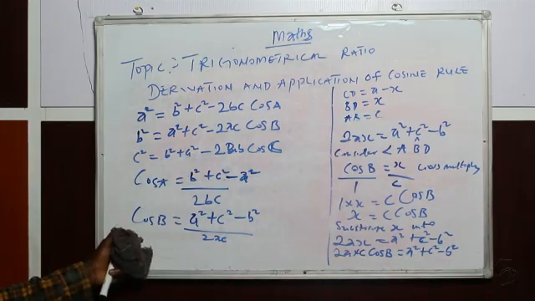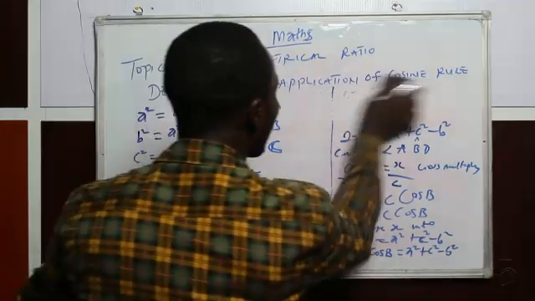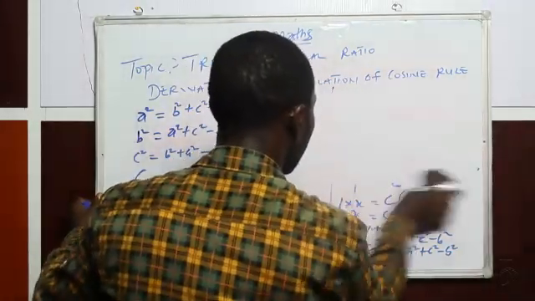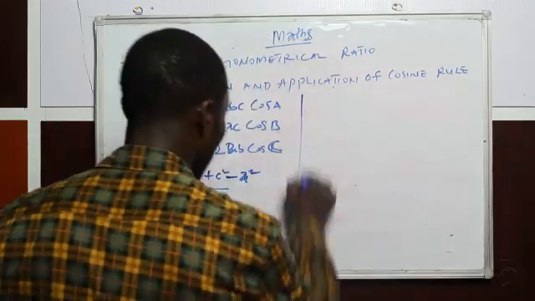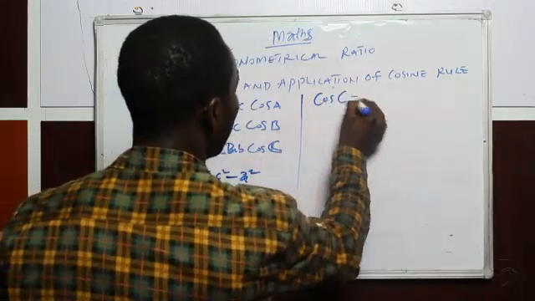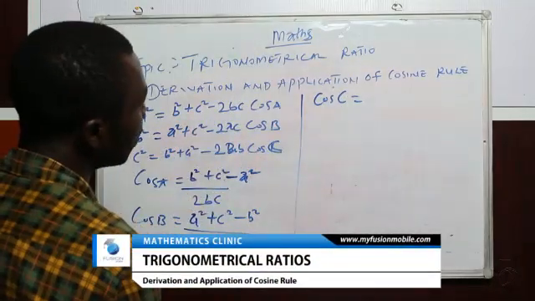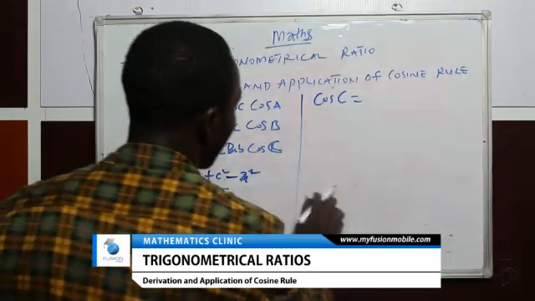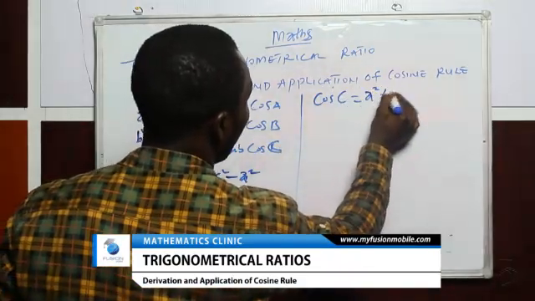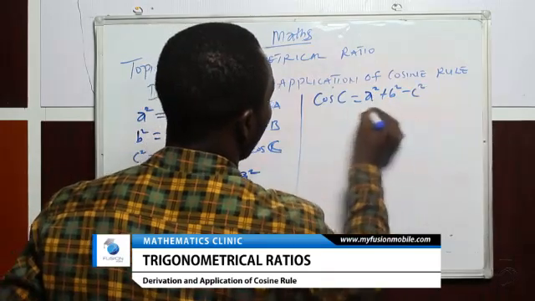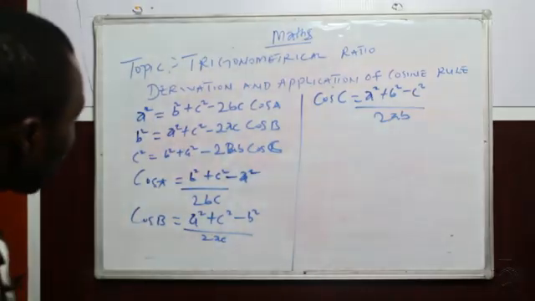That's how we can calculate our angle of B. Now, let us calculate the angle in C, that is cos C. Be patient and look at how we're going to calculate the angle of C. This is going to be a squared plus b squared minus c squared over 2ab. That is how we can calculate our angle.